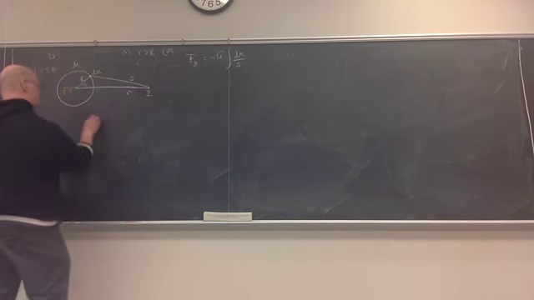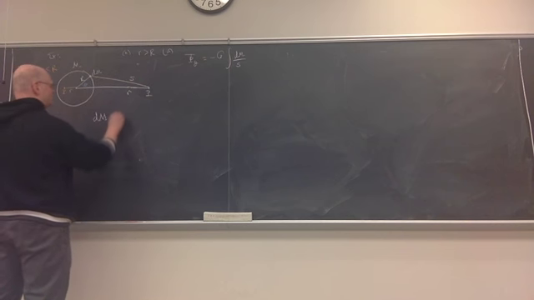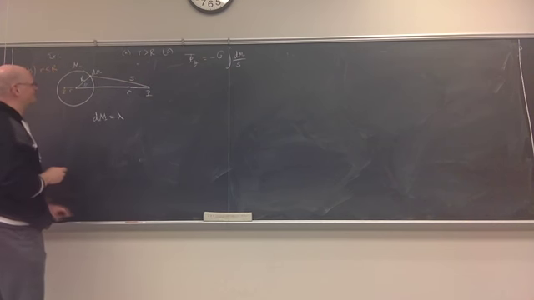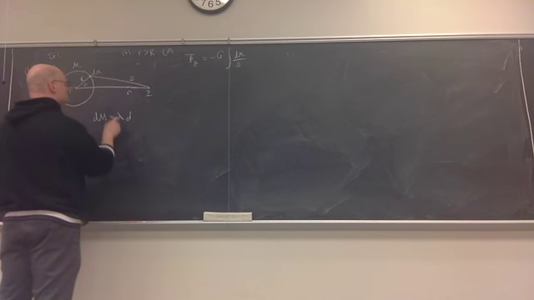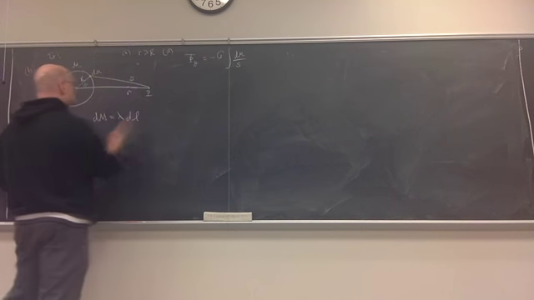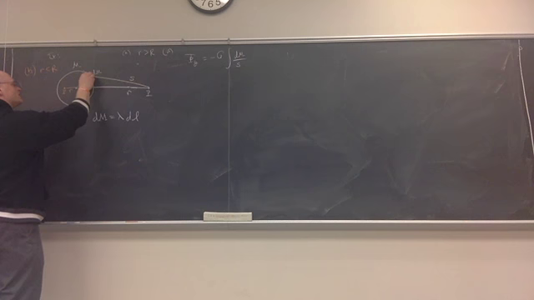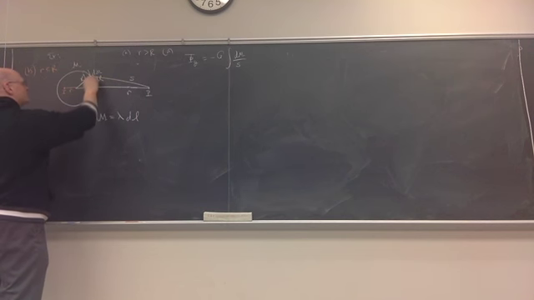Now in our case, dm is going to be equal to lambda, where lambda is the linear mass density, so that's the mass per unit length, times the differential length. If we think about the differential length, I'm going to chop this thing up this way. Even though this has a differential length dl in this direction, that's the same thing as the theta here.